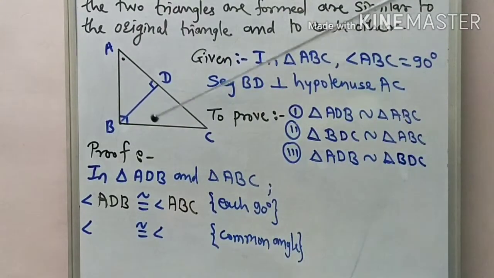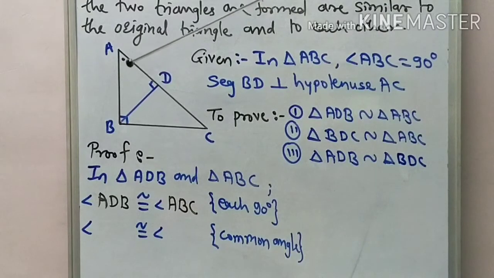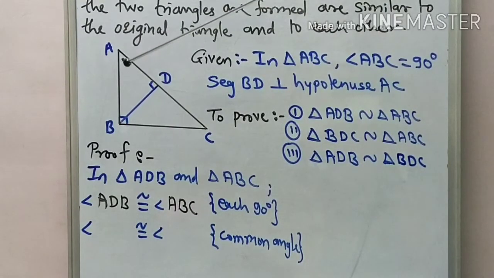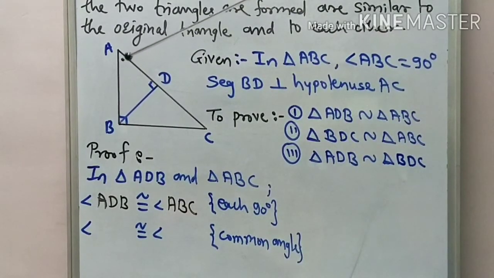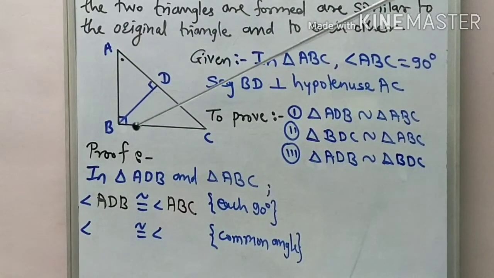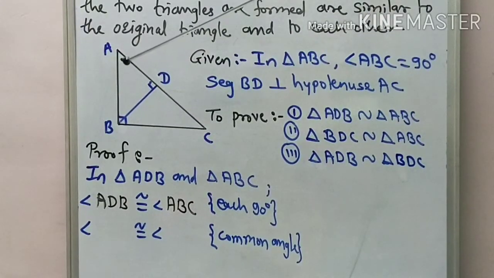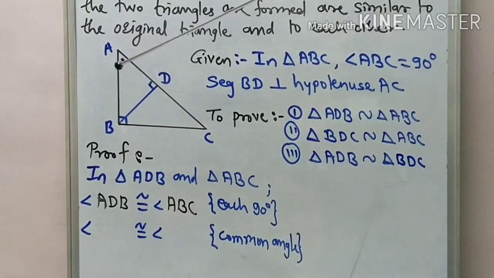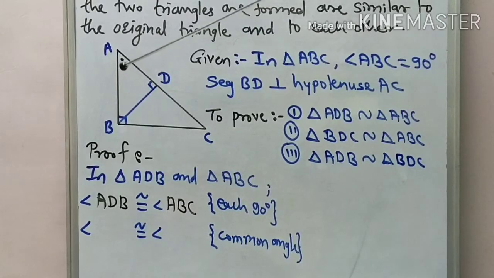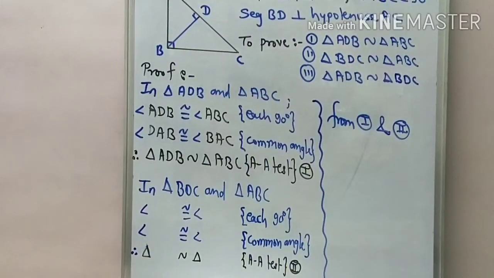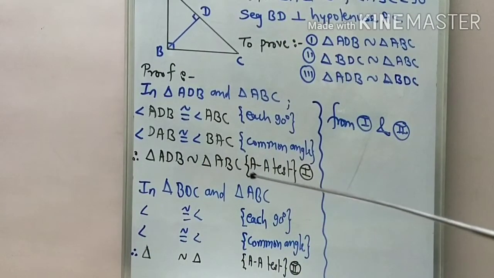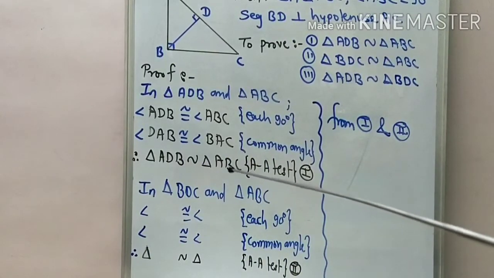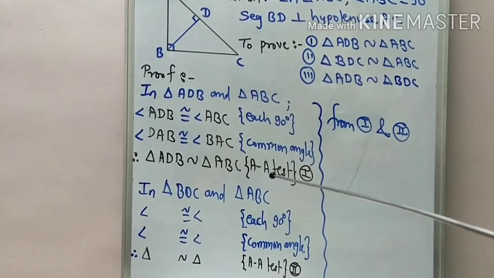As we notice, angle A is the same in both triangles. In the original triangle ABC, A is there, and in ADB, A is there, so the common angle is congruent with itself. That's the property. Okay, so like this we prove these two triangles are similar to each other by the AA test.